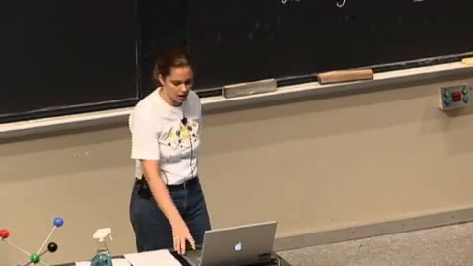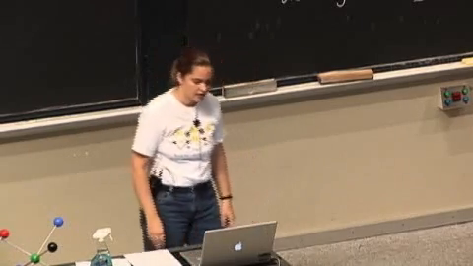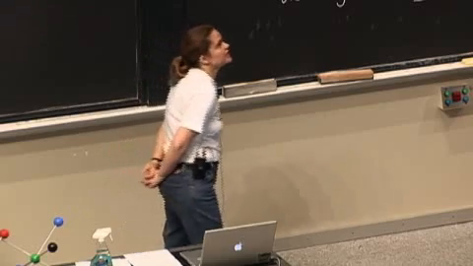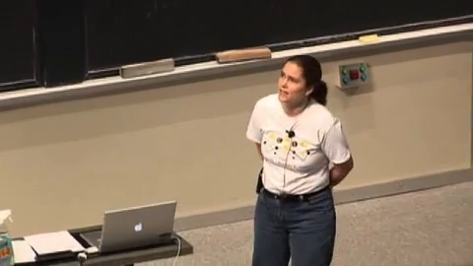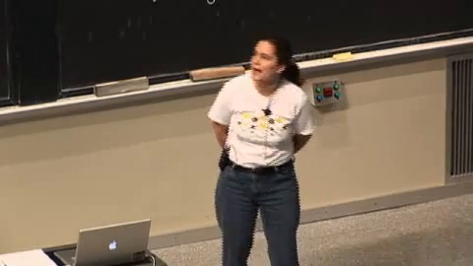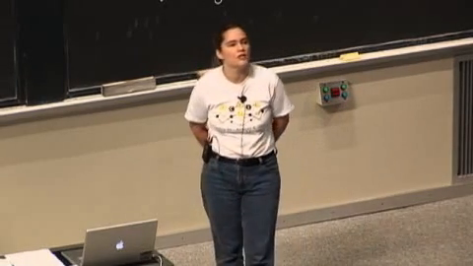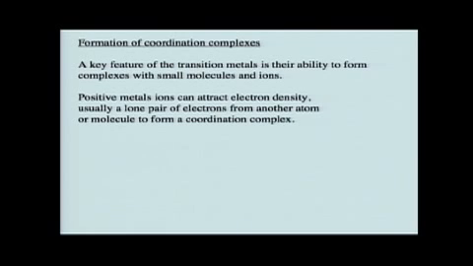Metals can often attract electron density, usually a lone pair of electrons from another atom, and so they can form what are called coordination complexes.